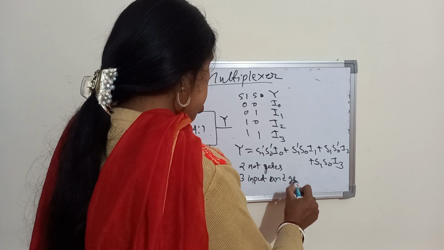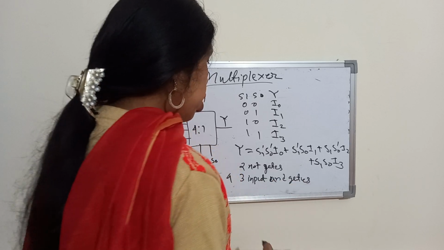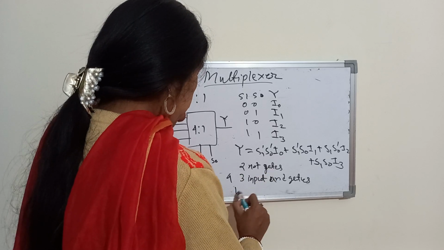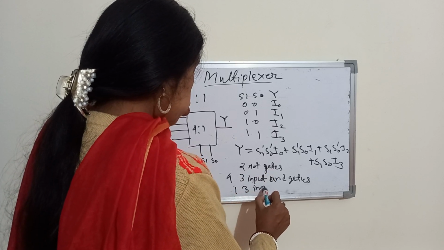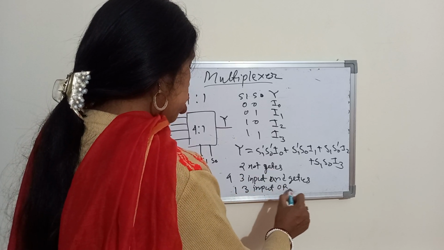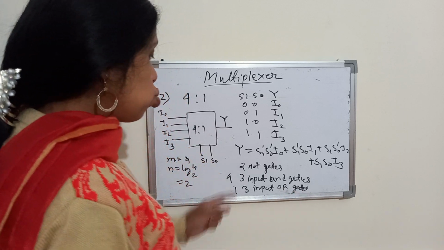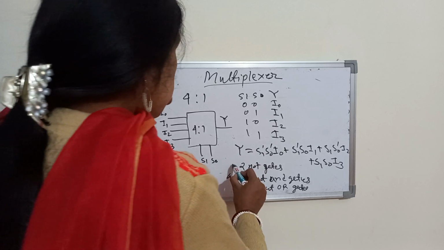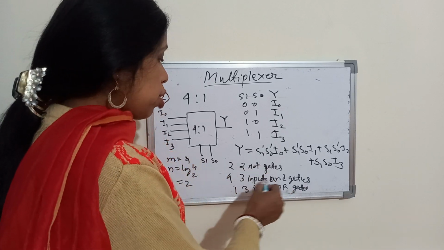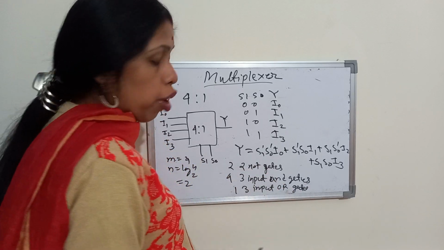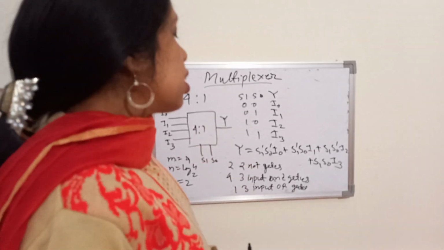Now again, one three input OR gate is required. So 2 NOT gates, four three input AND gates, and one four input OR gate. These are required to design this one.